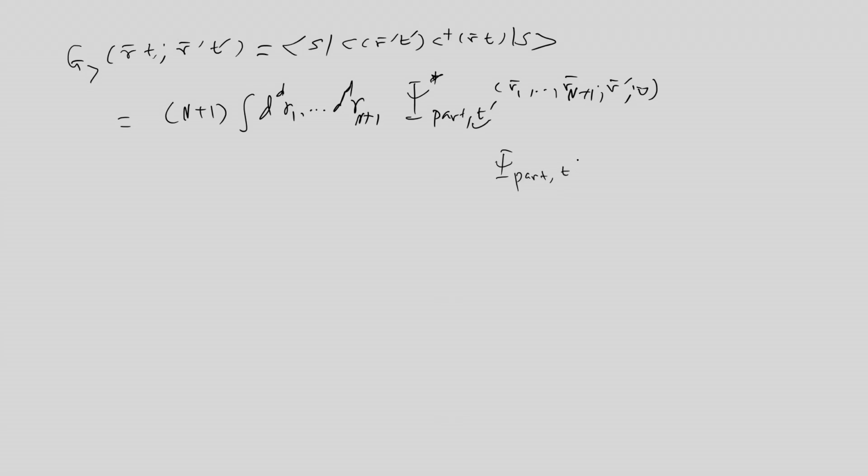So, the parametric dependence is now t in the other case, and this has, just as before, one more particle and 0.